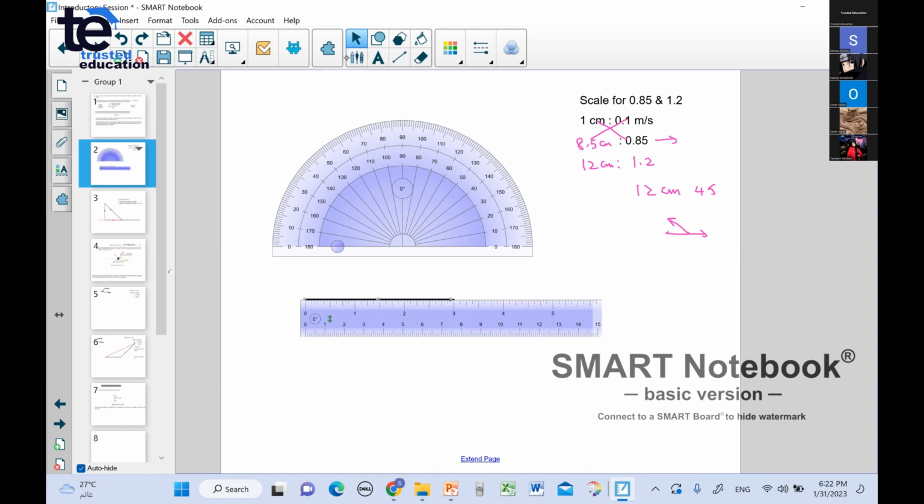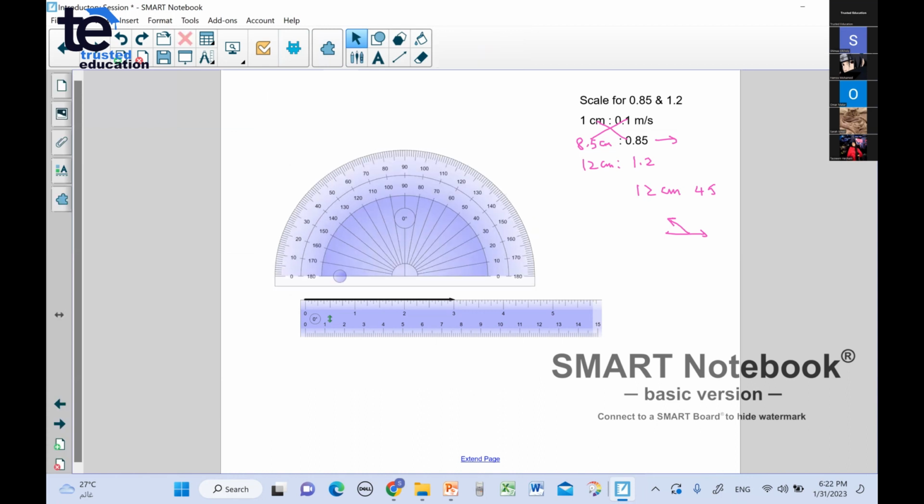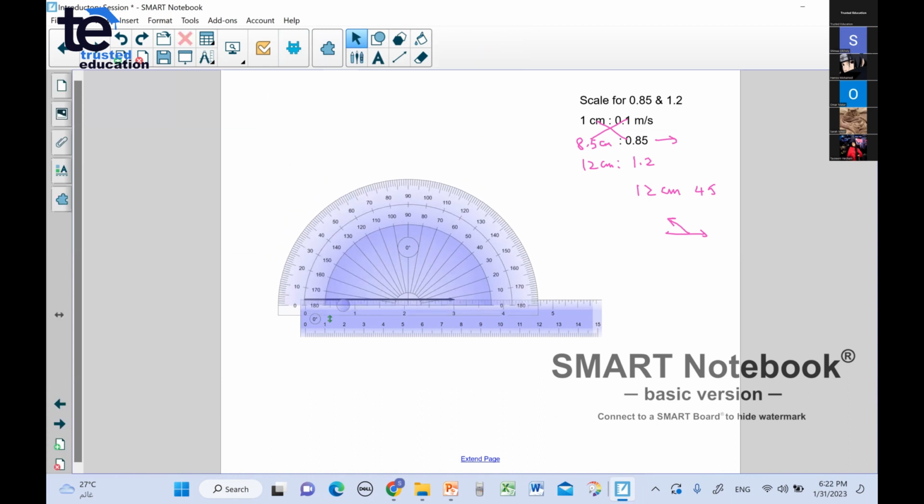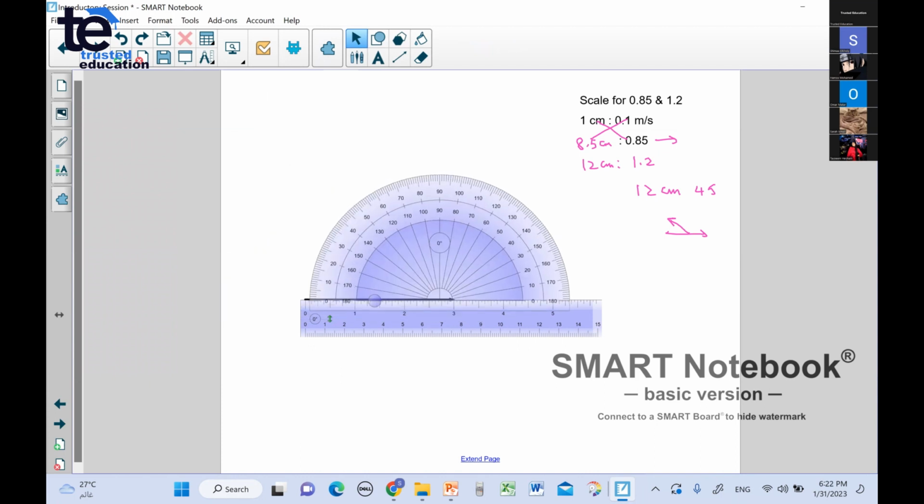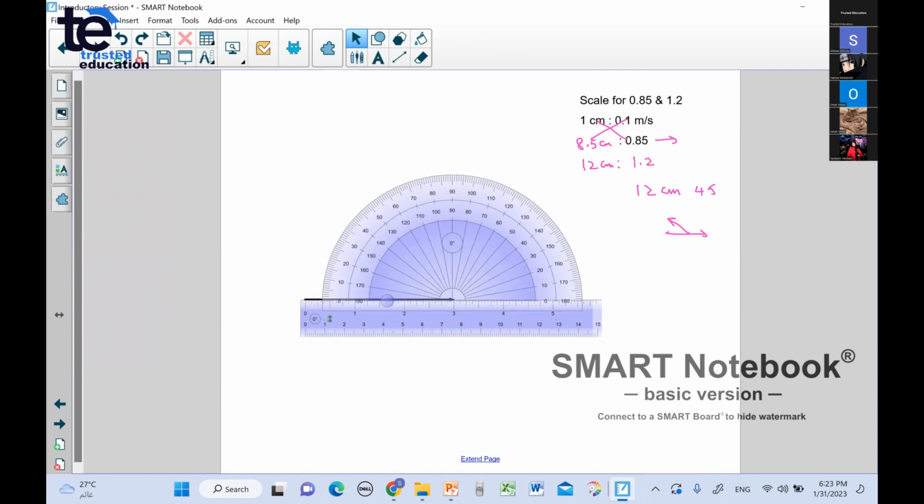So I'll just take my protractor down here. I need to measure. I'll put the middle of the protractor exactly at the end, as you can see here. And I will be measuring 45 in this direction. So 45 here. This is the 45 degrees. Of course, you have to know when to choose the upper measurement and when to choose the lower one.